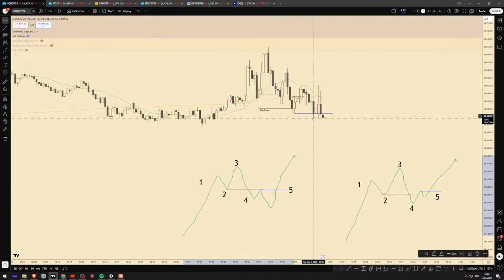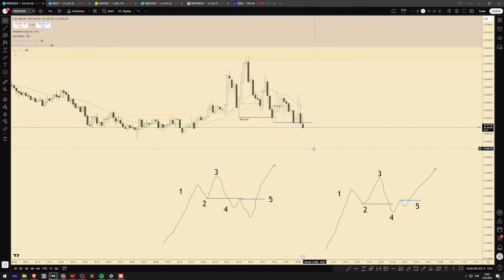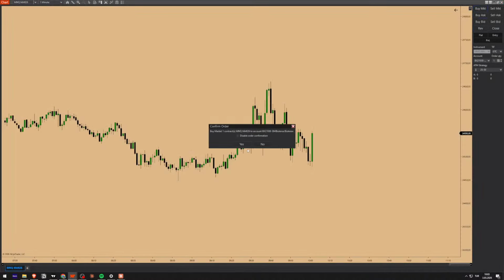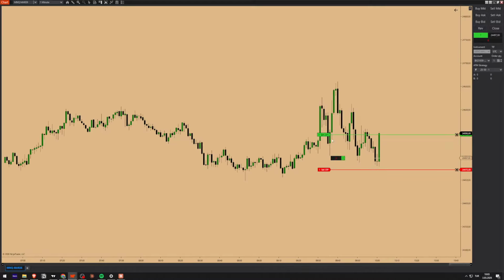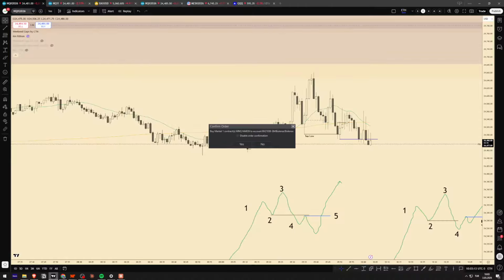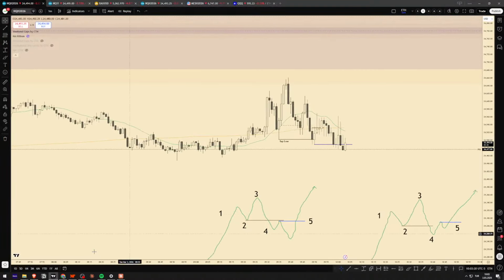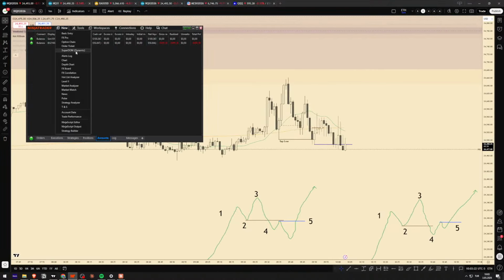Now price is making yet another low. That could mean two things. One, that could mean that my bias was wrong and price is going lower. And the other, man, it's too difficult to not see the price on the chart. Just give me a second.